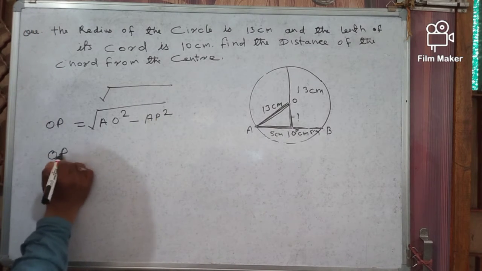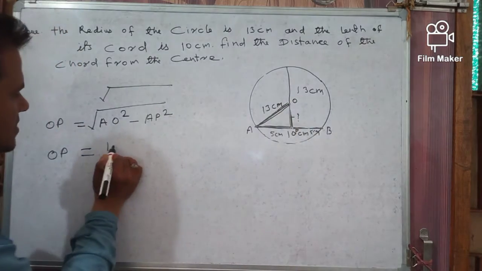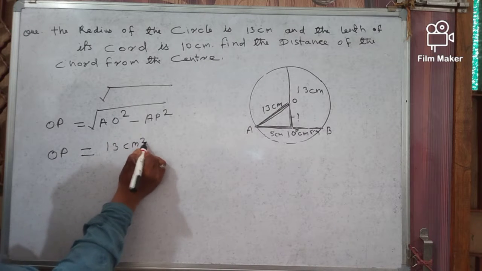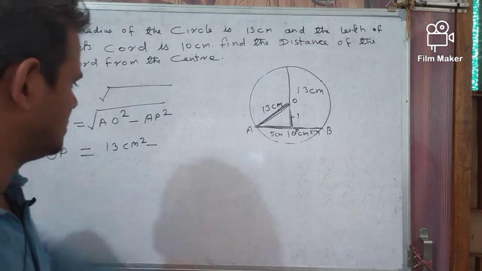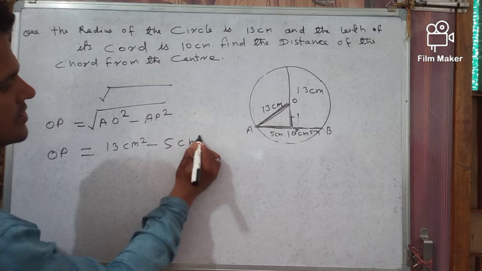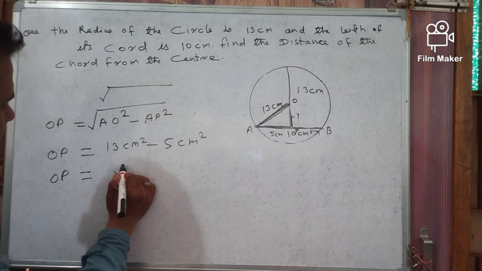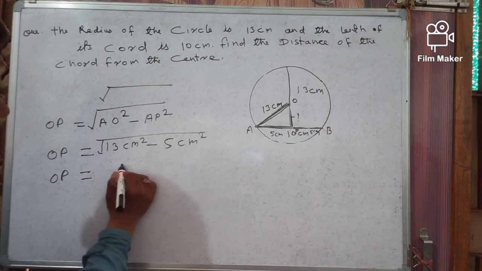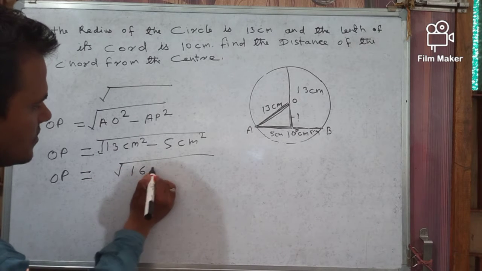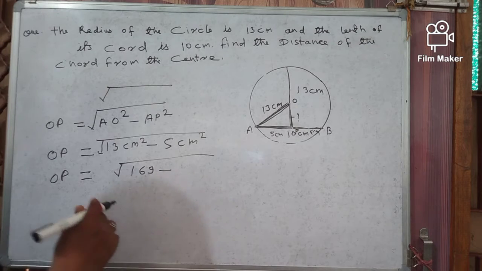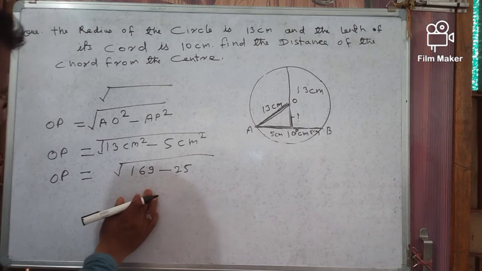So OP square is equal to AO square, AO is 13 centimeter, minus AP square, AP is 5 centimeter. So 13 square is 169 minus 5 square is 25, right? So subtract it.